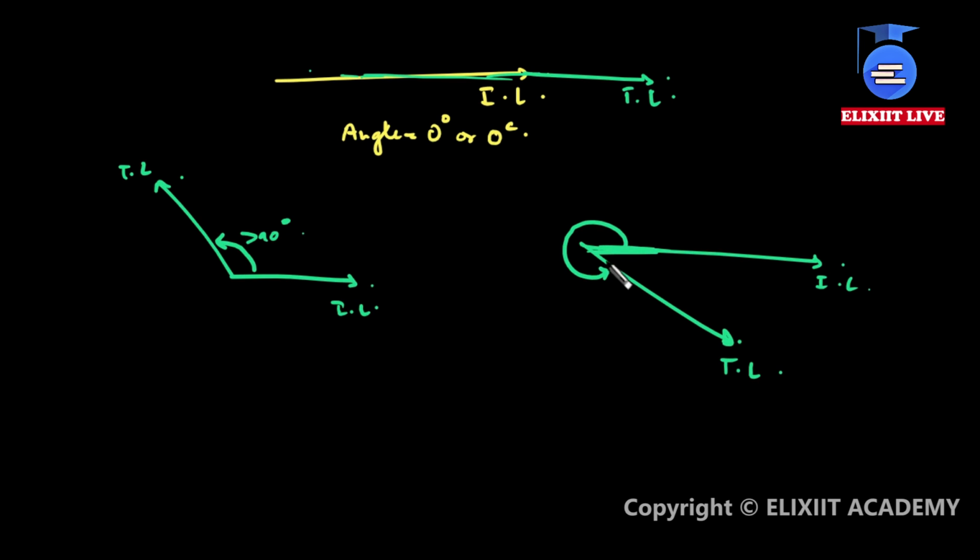So obviously, this much is 180 degrees, and post 180 degrees you are moving further. So this angle is more than 180 degrees. Angles between two lines can be 360 degrees also. Like over here, if you consider this particular initial line, and let's say this is your terminal line.